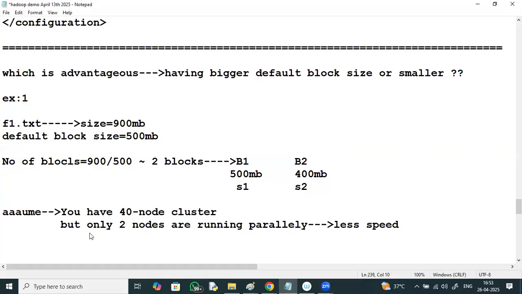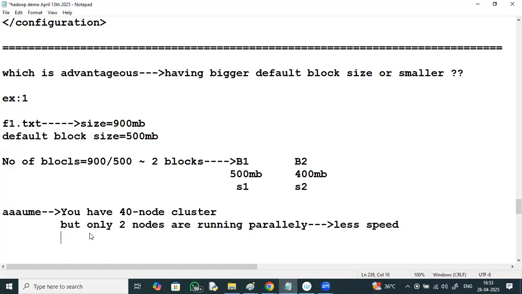Less speed means, for example, you brought 40 laborers for building construction, but you are using only 2 laborers, and 38 laborers are sitting idle. If the same work had been distributed to at least 20 to 30 workers, you would have achieved more speed. The same data, if distributed to multiple systems; here I've taken a small data volume, but if you have a bigger file and only 2 systems are running in parallel, it means less speed.